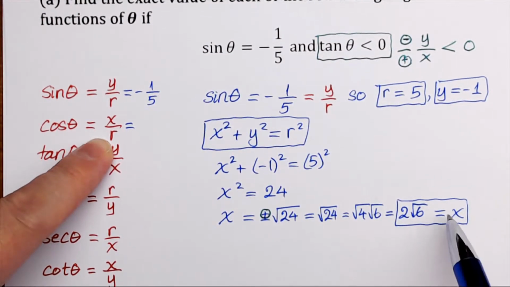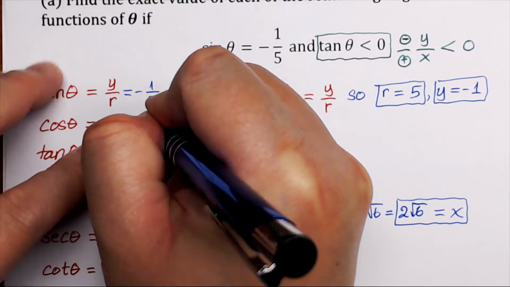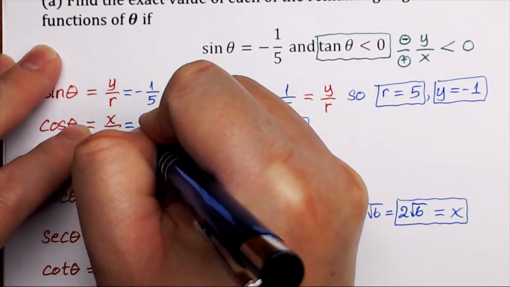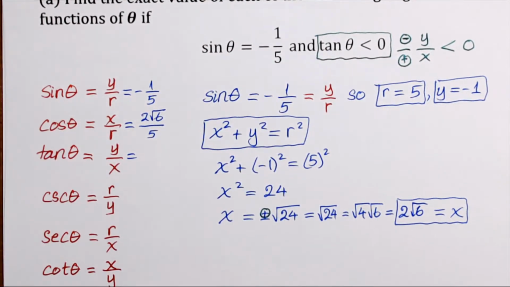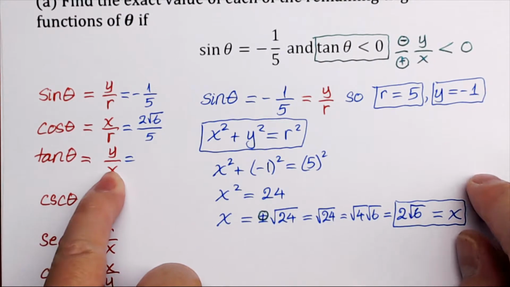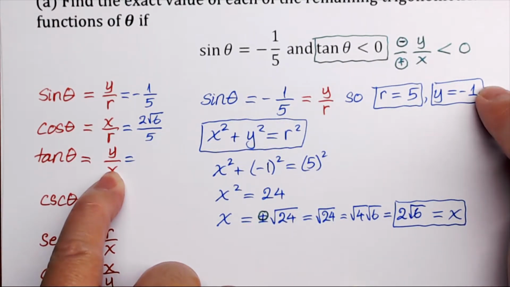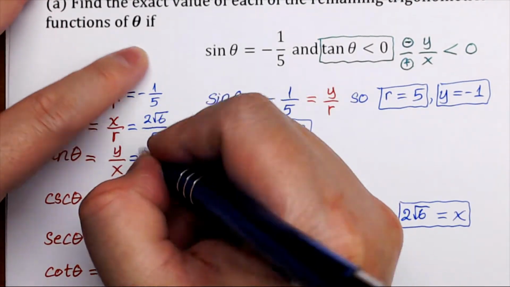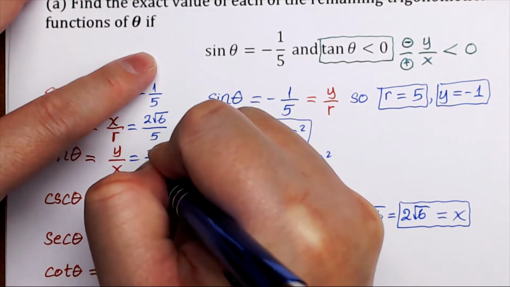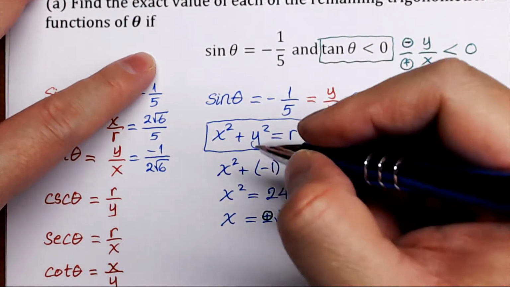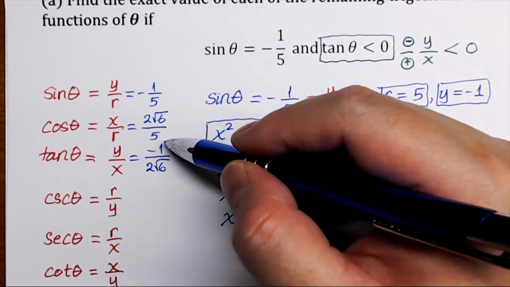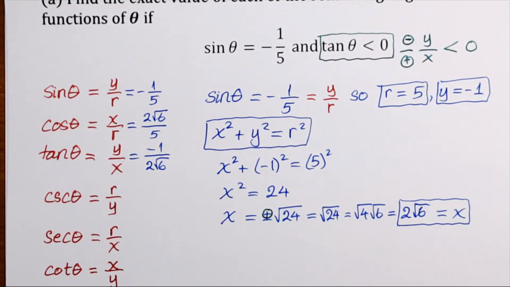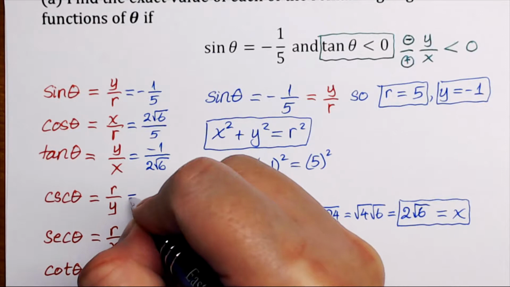Cosine is x over r, 2 square root of 6 over 5. And tangent is y over x, so we have negative 1 over 2 square root of 6. We could multiply by square root of 6 top and bottom, but I'm okay with the answer like that.